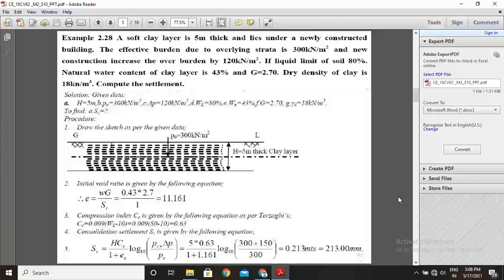H is given 5, C_c is given 0.63, 1 plus e naught is 1.161, log base 10 of P_c is 300 plus delta P is 120 divided by P_c is 300. So the answer is 0.213 meters or 213 mm. So this is the solution of this problem.